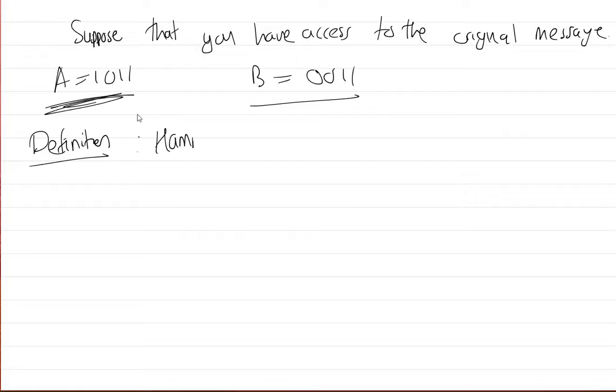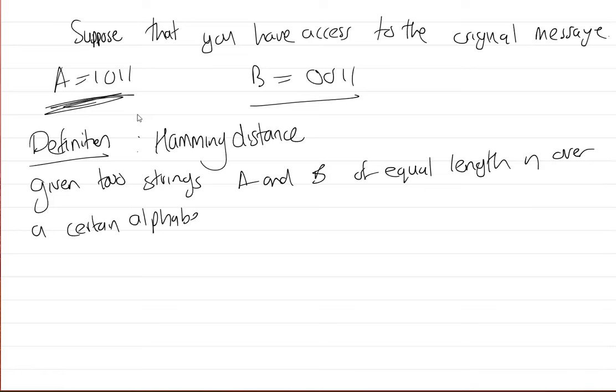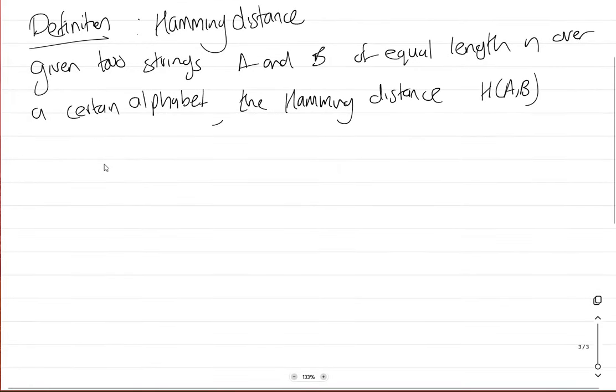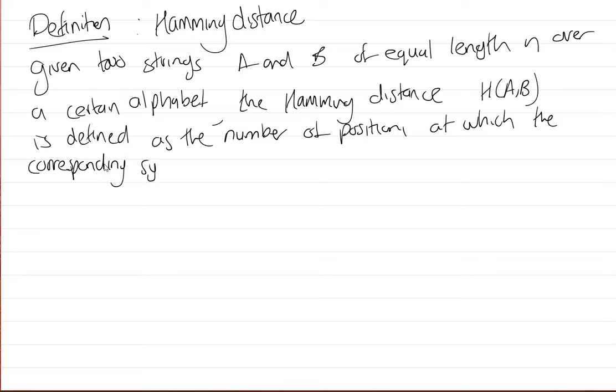The Hamming distance, given two strings A and B of equal length n over a certain alphabet, denoted as H(A, B), is defined as the number of positions at which the corresponding symbols are different.